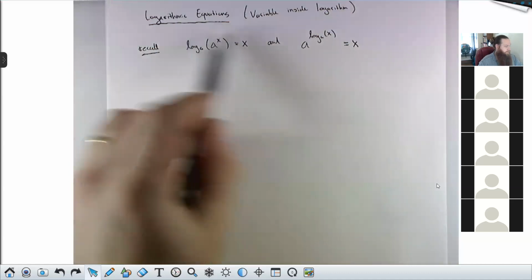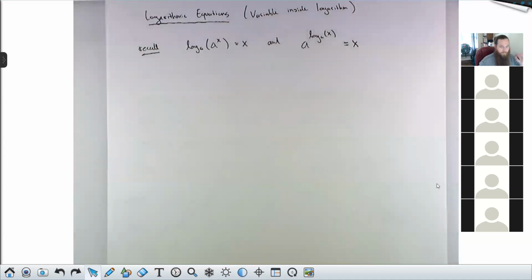It's really this property that we used, or the fancier version of it, the log base a of x to the y, that the exponent can come down. We're going to do something kind of in the other direction here. There's less choice with the logarithm equations, but let me just show you, right? Showing you is the way to do it. So I'm going to start somewhat simple.